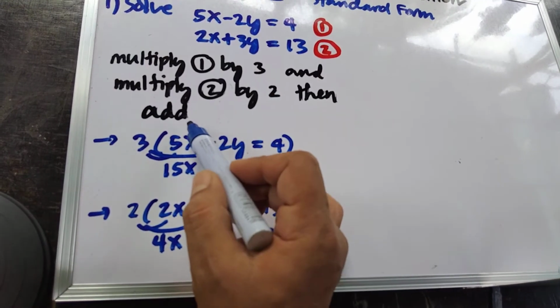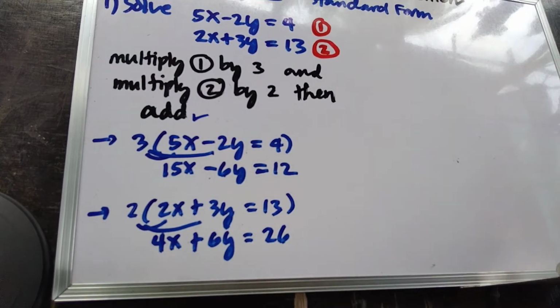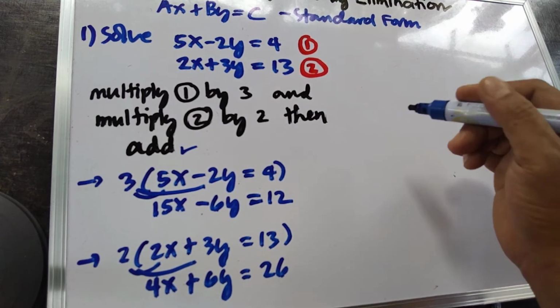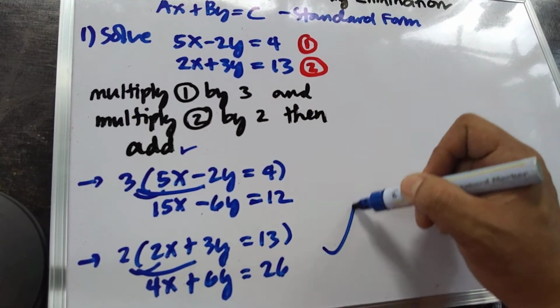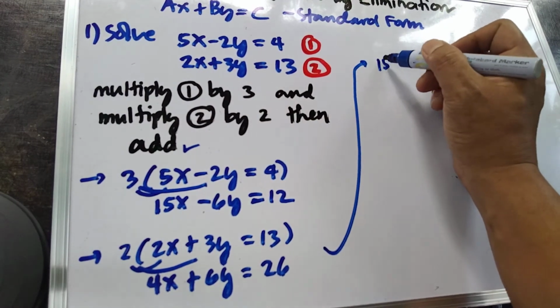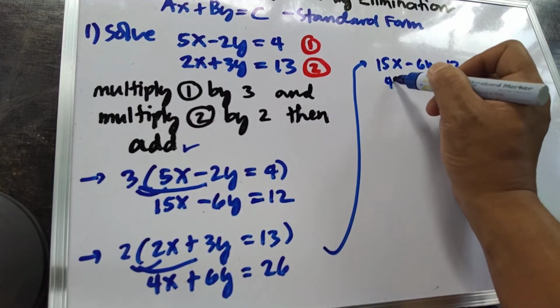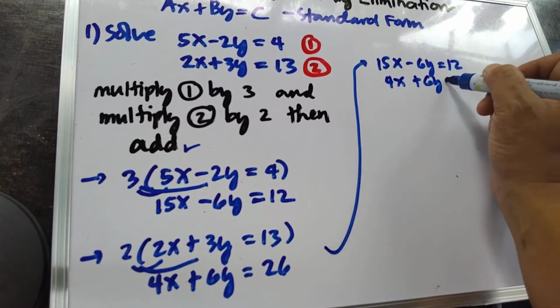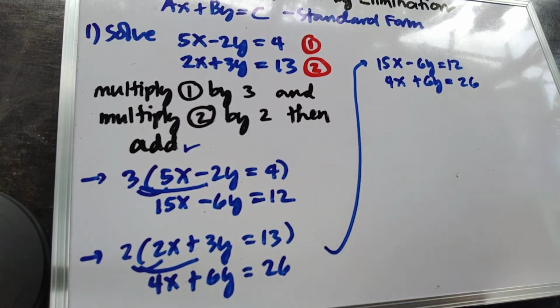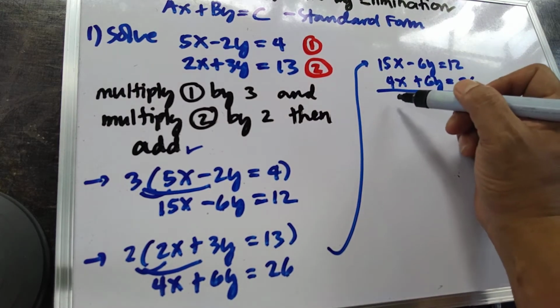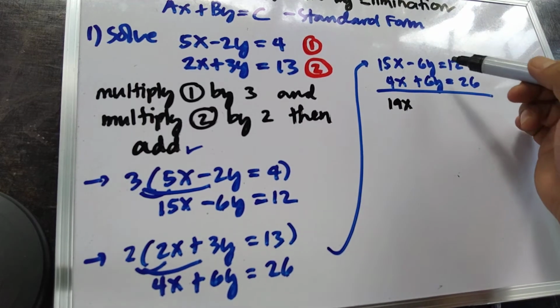Then, we need to add. We will add the two equations. You have 15x minus 6y is equal to 12, and 4x plus 6y is equal to 26. Are we correct? So we add 15 plus 4, 19x.